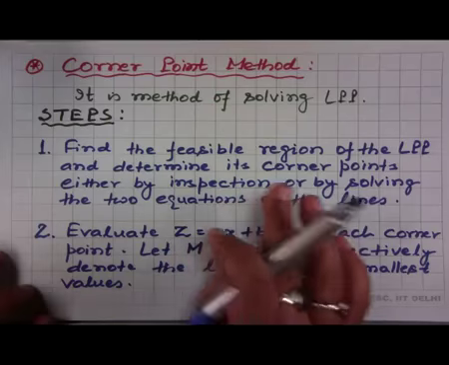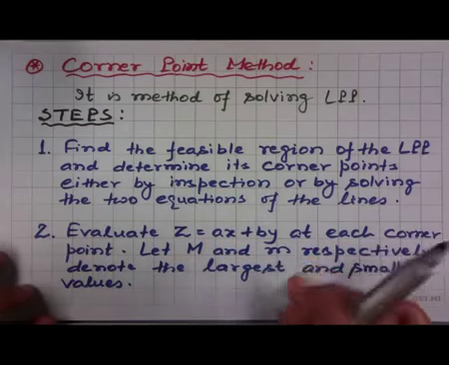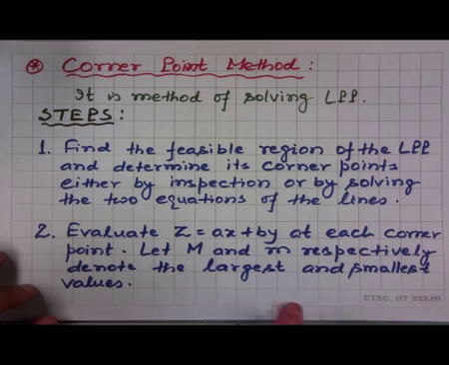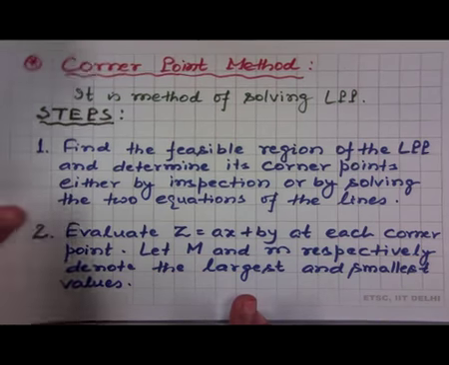Now, step 2: evaluate z equal to ax plus by at each corner point. Let M and m respectively denote the largest and smallest values.